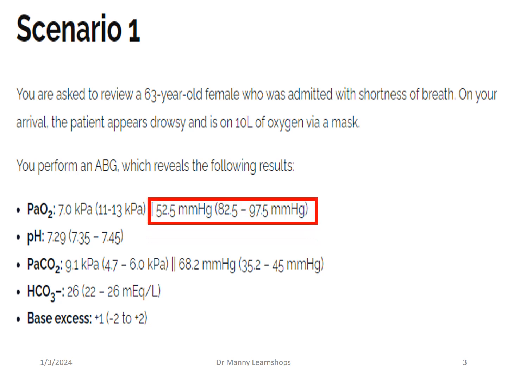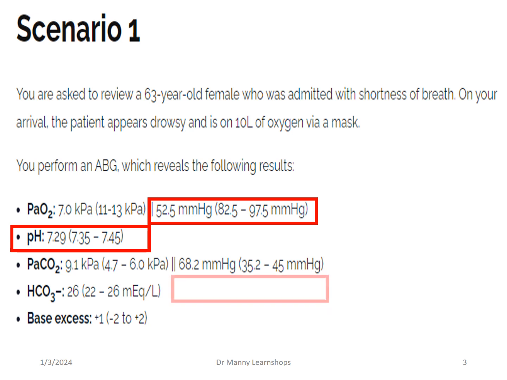The PaO2 is 52.5 millimeters of mercury. The pH is 7.29. The PaCO2 is 68.2 millimeters of mercury.